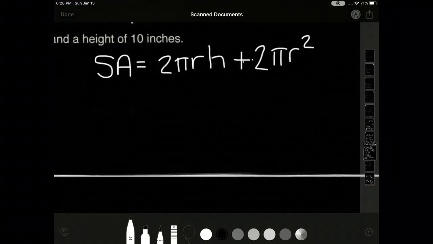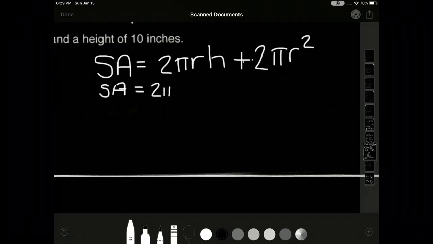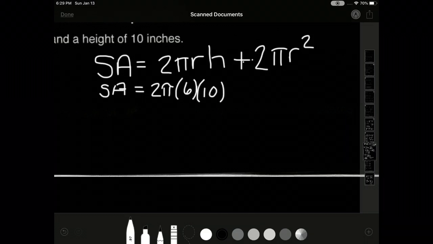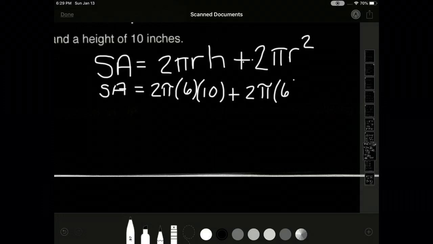For the surface area, a little bit more to plug in here. So it's 2 times pi times 6 times 10 plus 2 times pi times 6 squared.